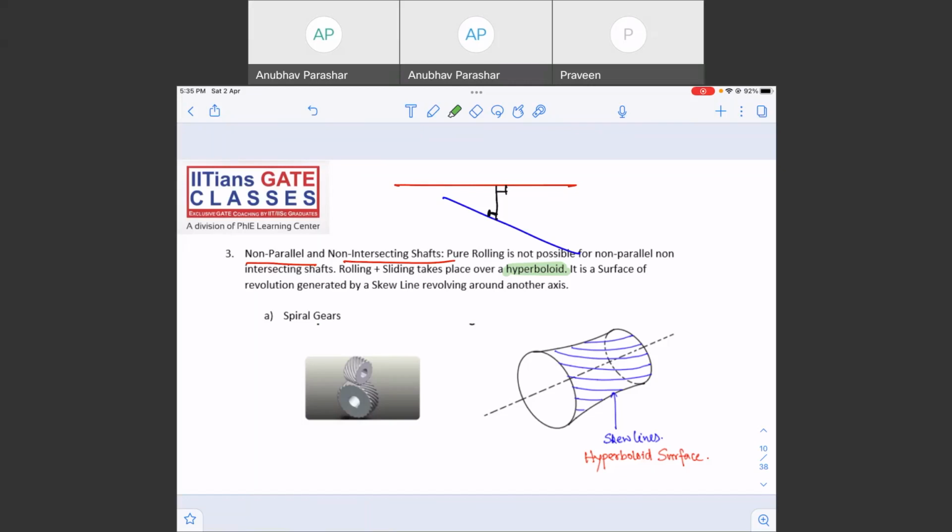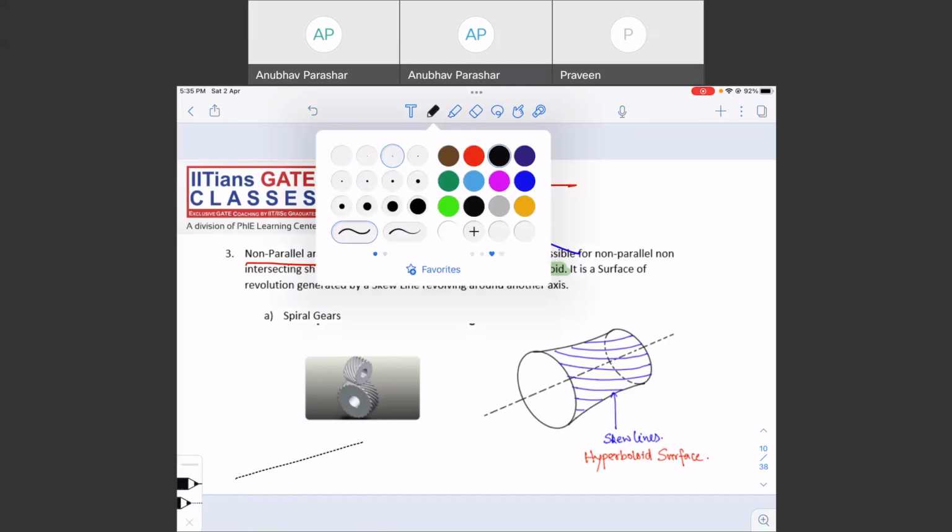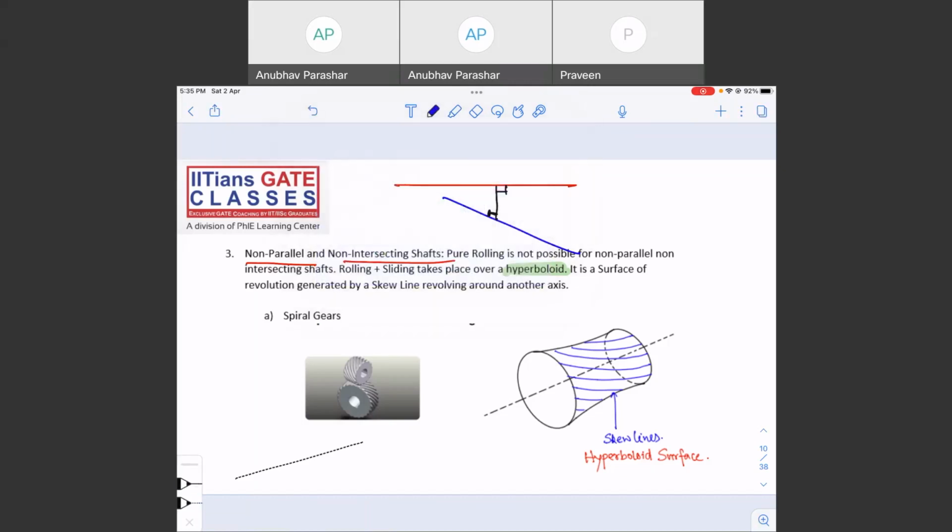If you have a skew line, I wish I had the time to explain everything very nicely, but unfortunately, this is not GATE preparation. So if you have this kind of line, this is called a skew line.